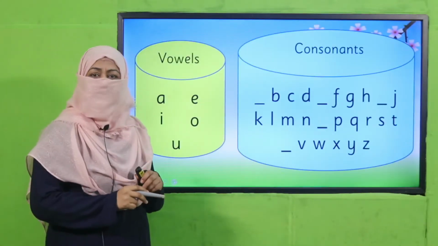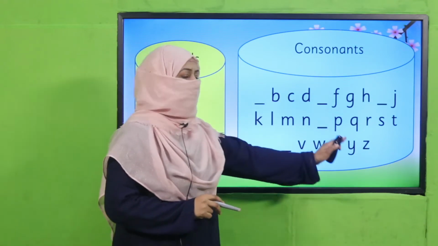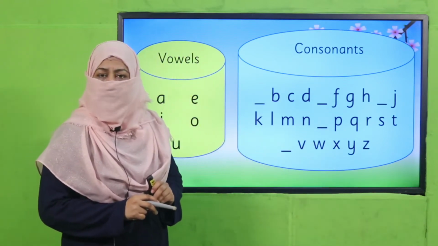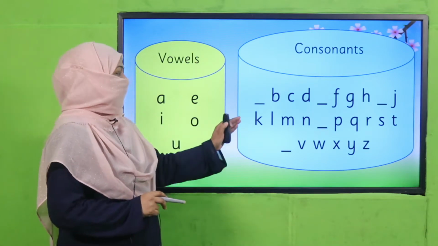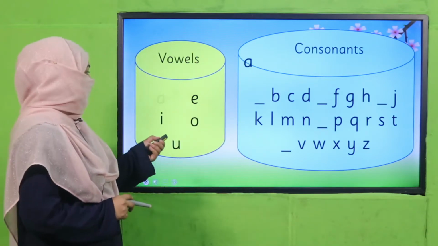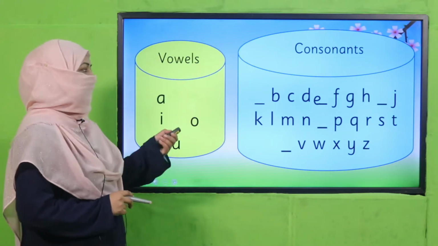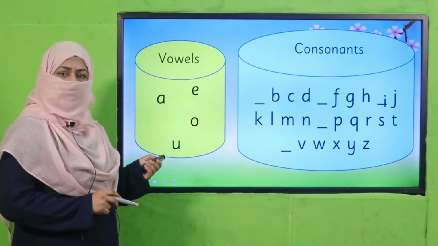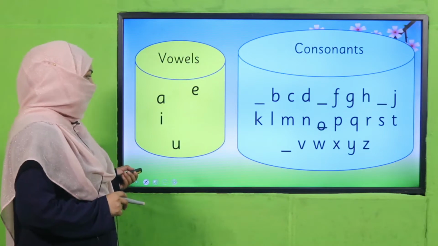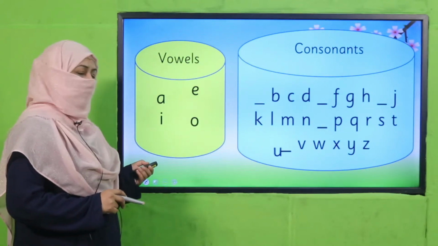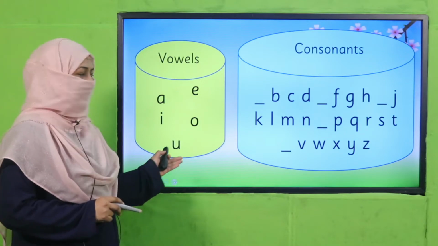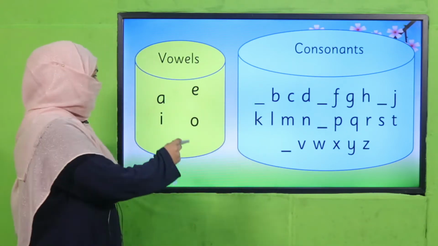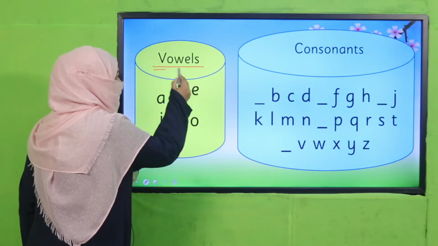But when we write ABC from A to Z, altogether there are 26 letters, right? And when we take these 5 letters, A, E, I, O, U, separate, now we have separated these 5 letters from ABC. So these 5 are known as vowels.